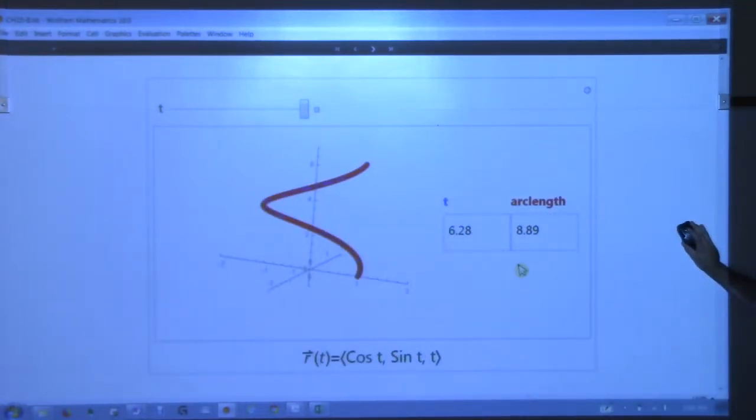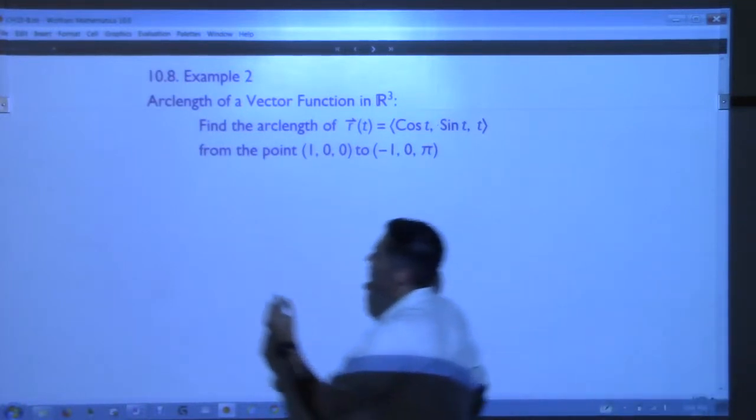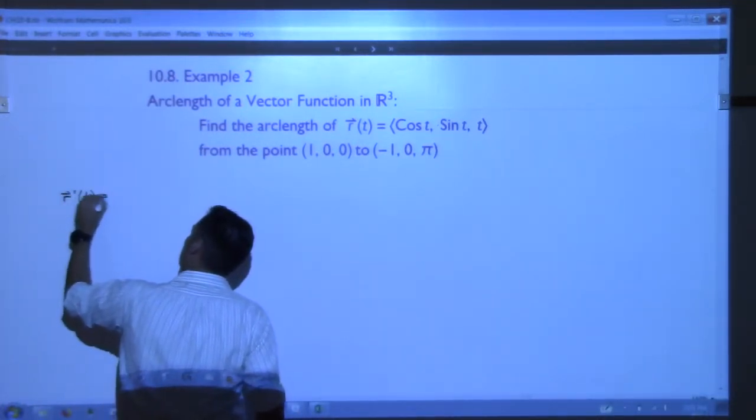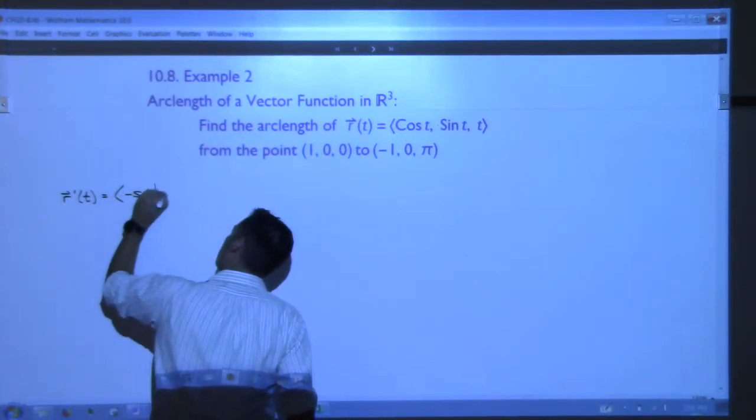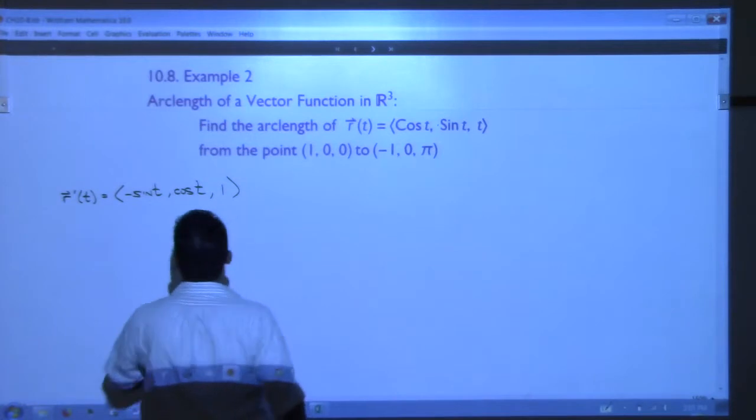All right, let's find the length of this curve from the point 1, 1, 0 to the point -1, 0, pi. So I'm going to need the derivative, right? Derivative is negative sine t, cosine t, and 1. Yes?